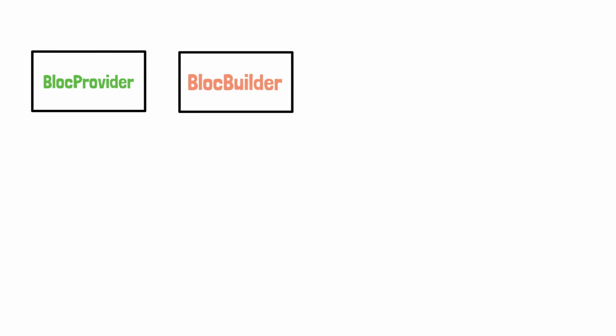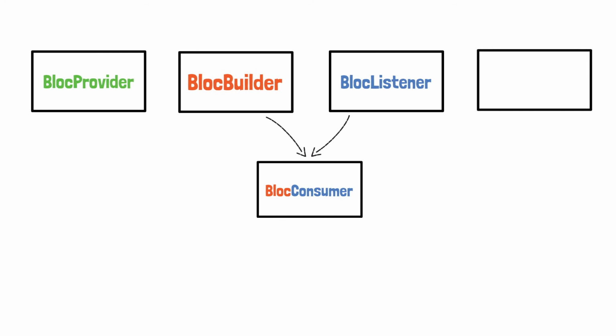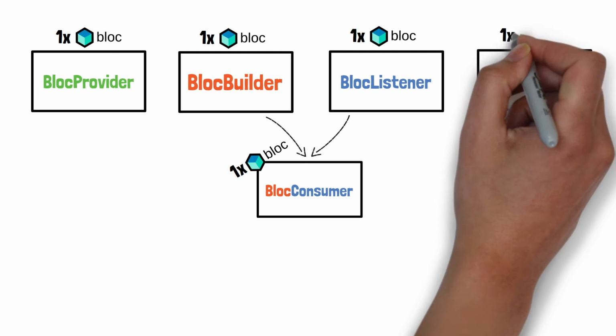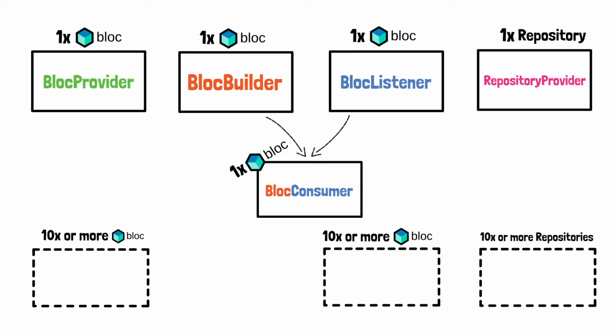In more feature-rich applications, you can imagine that there will be maybe tens of Blocs and Cubits having their own functionality. In this tutorial, we talked about how we can provide only one Bloc or Cubit to the UI. But what are we going to do when we have 10 Blocs to provide and 10 Blocs to listen to when we want to display 10 different snack bars?